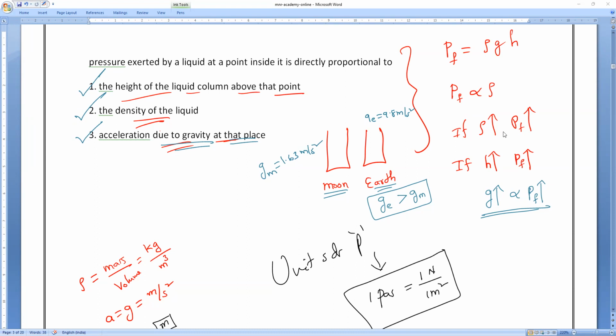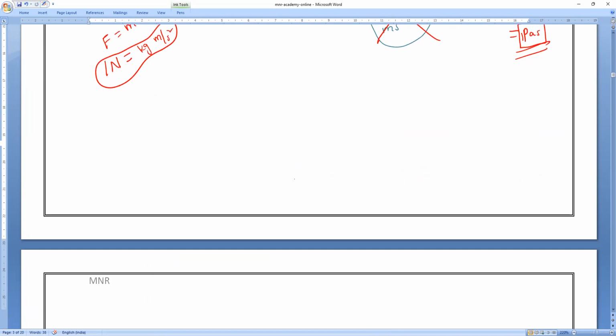Everyone clear? And one more thing I want to say, at a given depth, please remember, of course, again, I will teach you separately. For example, if I take this depth, the pressure exerted by liquid at this particular height is uniformly distributed in all the directions.